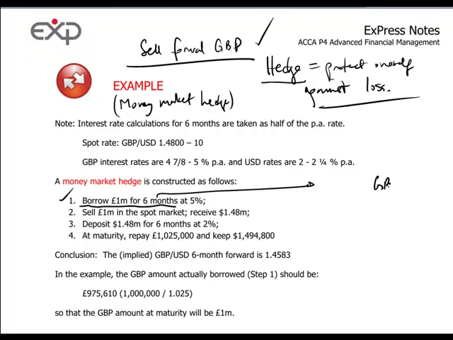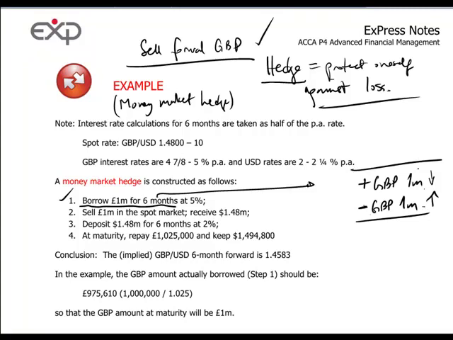Meaning effectively you can see the hedge at work just with this first step here. If the company has a receivable in pounds of 1 million in 6 months and is worried that the value of this will go down, it creates a liability in pounds. It borrows also 1 million, so that if the exchange rate of pound to the dollar changes, then both the value of the pound long position and the short position will offset each other.